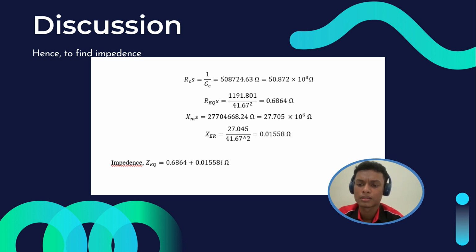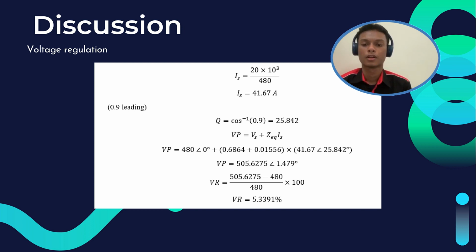So our next objective is to determine the voltage regulation of a given transformer for a specific load. Before we calculate the value of voltage regulation, we need to identify the values of I_S, theta, which is the angle, and V_P.